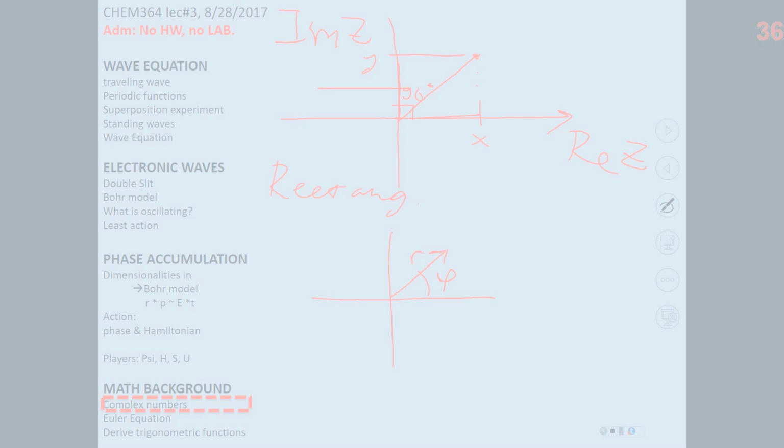So the same number, which we can call by letter z, can be specified by the polar system of coordinates. Now we need to establish connection between rectangular and polar representations. R is probably distance.